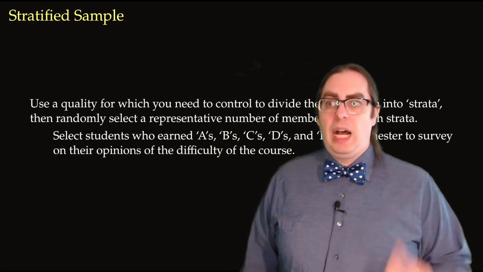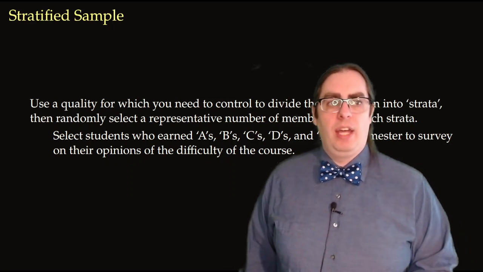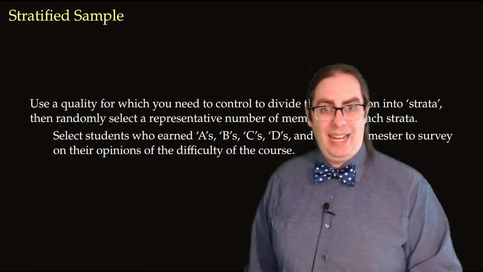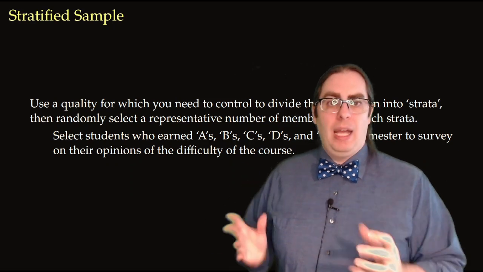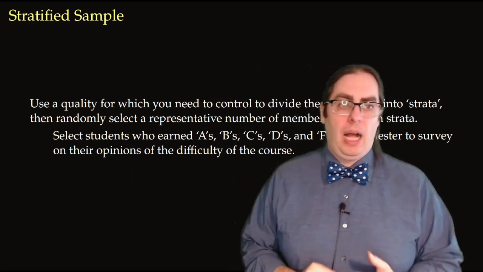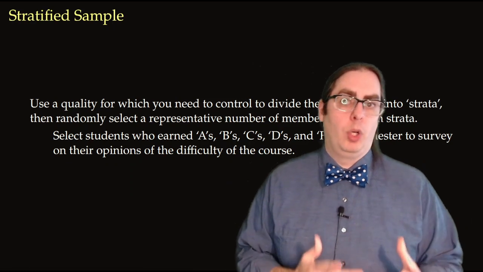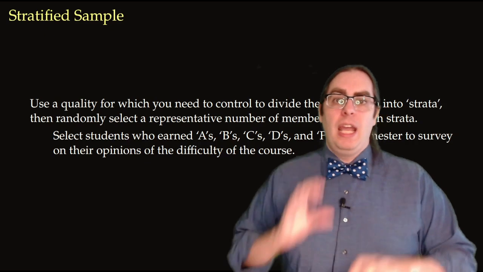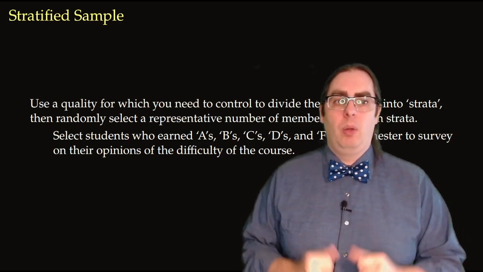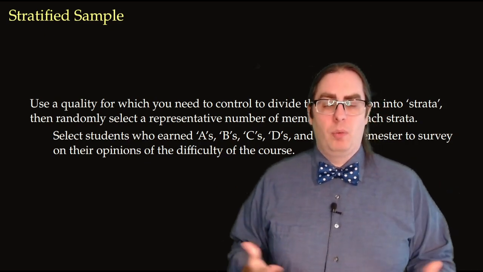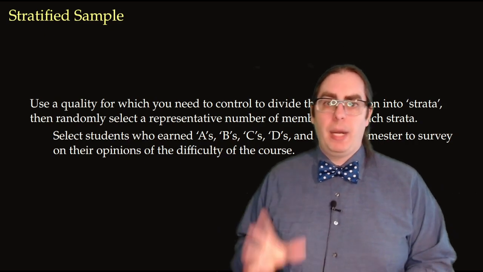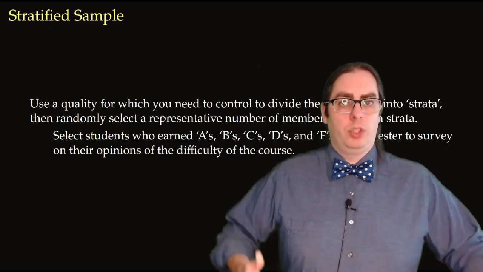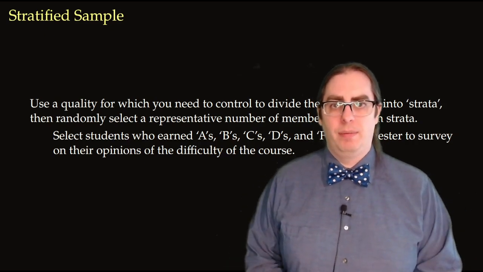Knowing that, I can ask that an email be sent to all of the students who earned an A in the class, asking for feedback. I can look at a group of the students who earned a B in the class and ask them for feedback, C's, D's, and F's. And I can probably not get a complete representation of all students, but I can select representatively in proportion to how large they are in the entire population.